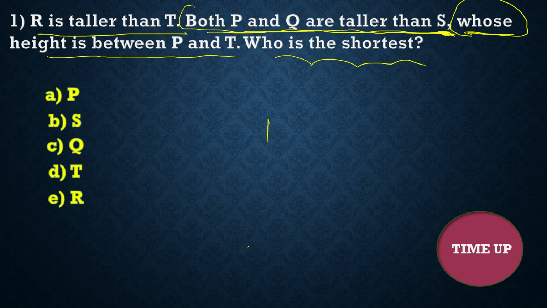P is here and Q is here, suppose, because both P and Q are taller than S, they have said, and whose S height is between P and T. So I will place P here and T somewhere here.